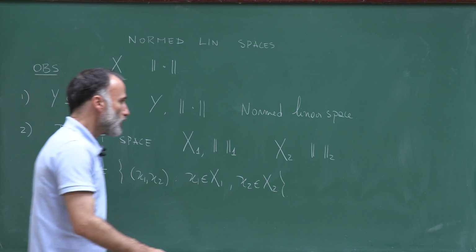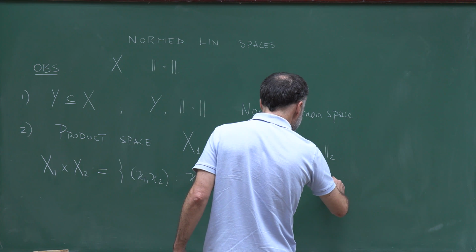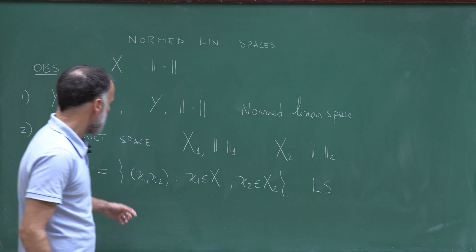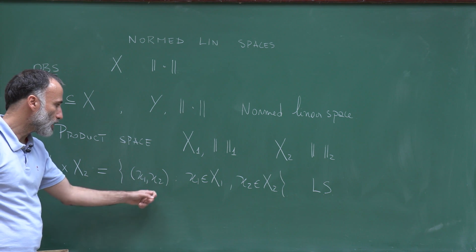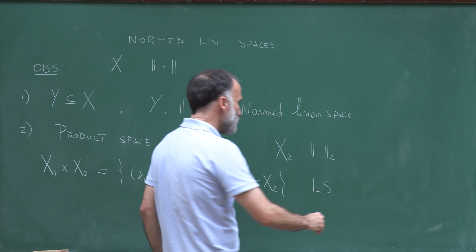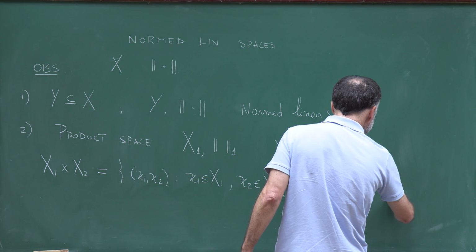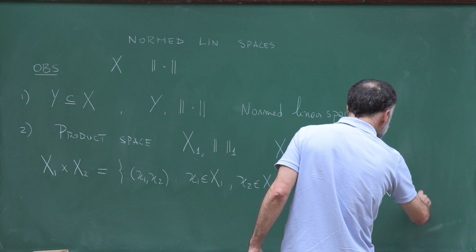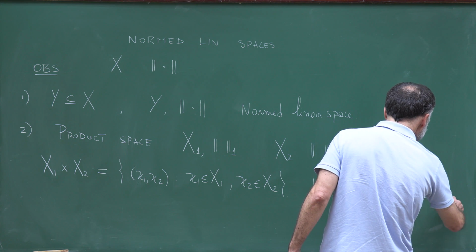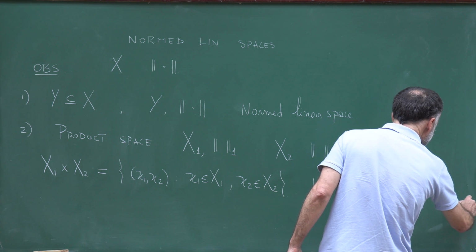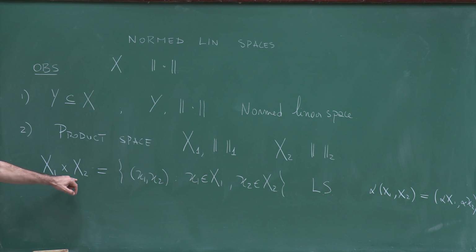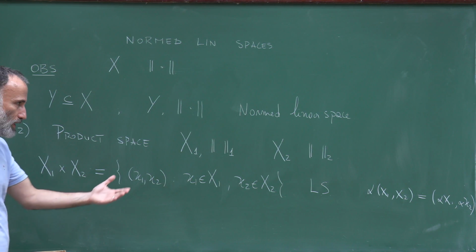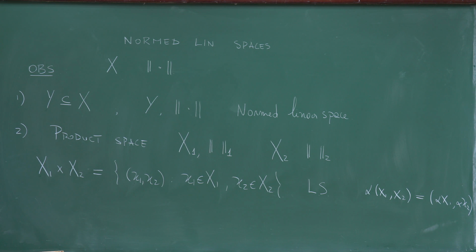This is clearly a linear space. You define the addition of two elements by adding coordinate-wise, and you define the multiplication by a scalar just by multiplying each coordinate. So here I'm assuming that both X1 and X2 have the same field of scalars.